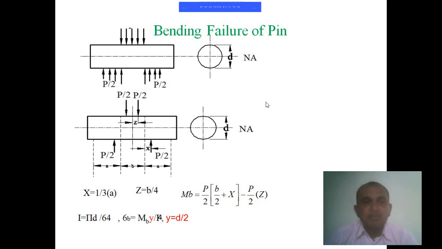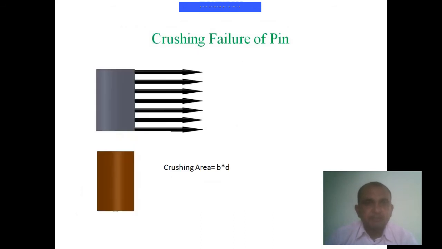We know sigma B is equal to M B y divided by I. By using that equation, you can find the maximum bending stress in the pin and find the dimension of the pin to avoid bending failure. In this way, you can find the bending failure of the pin.